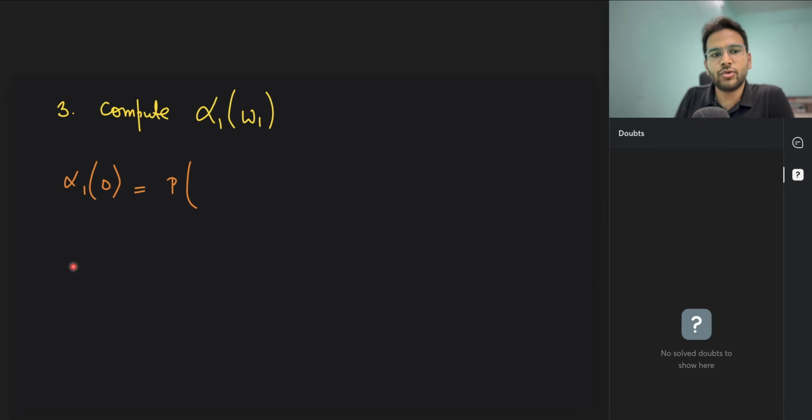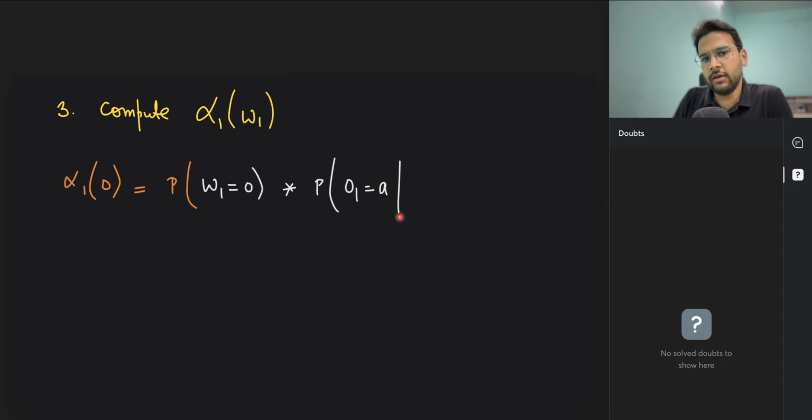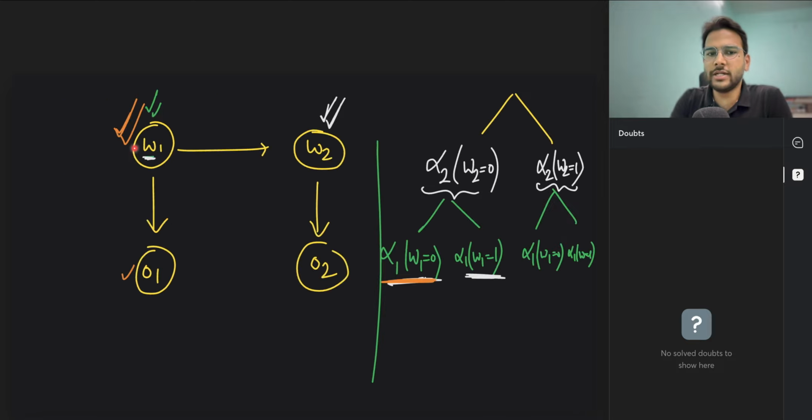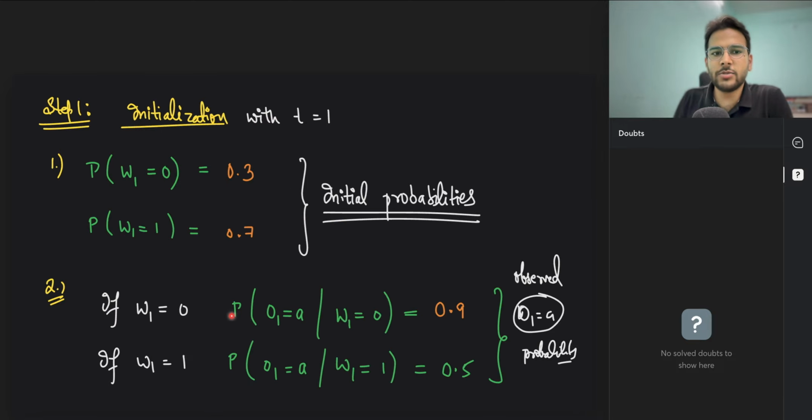Okay. So we can say probability of W1 is equal to 0 multiplied by probability of O1 is equal to A, because it is given in the question that we have to consider this value, given W1 is equal to 0. Fine. Now what is the value of this? Probability of W1 is equal to 0. That is 0.3, right? Yeah, that is 0.3.